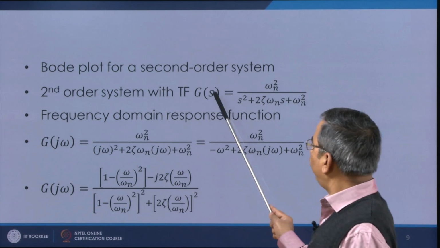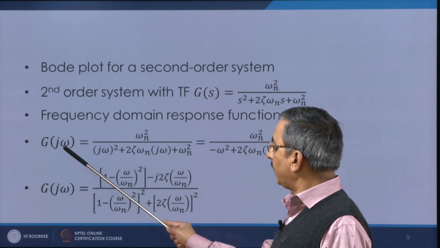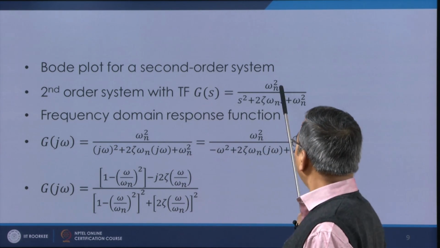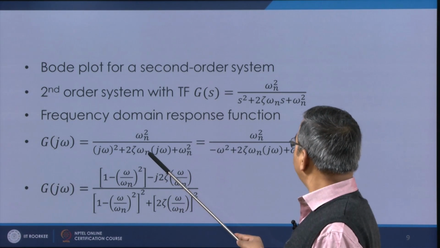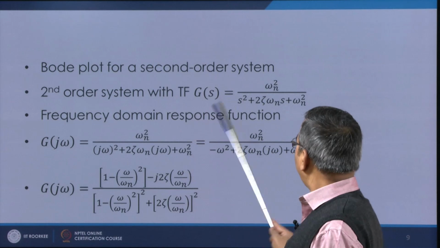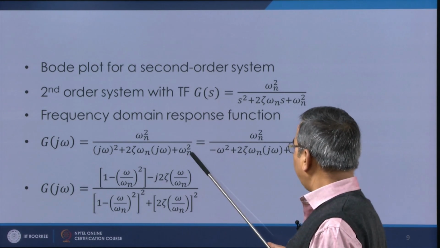If I do that, this is what I get: G(j omega) is equal to omega n square by (j omega) square plus 2 zeta omega n into, in place of s, j omega, plus omega n square.